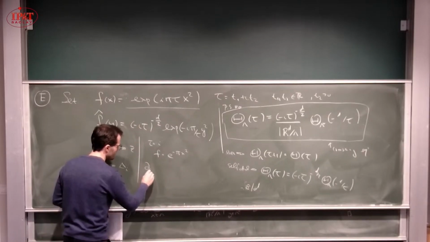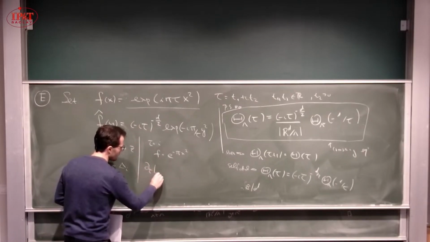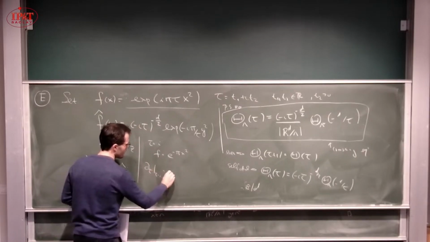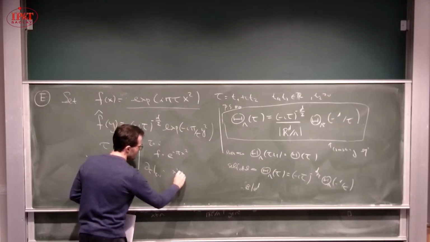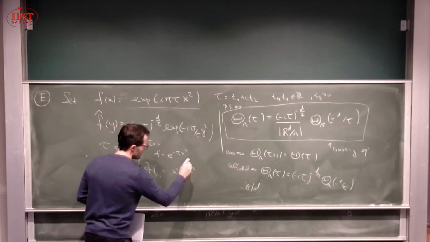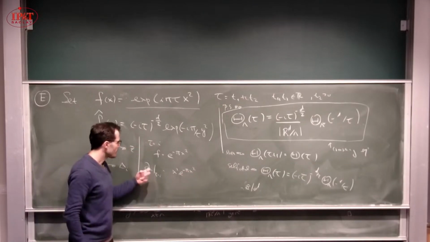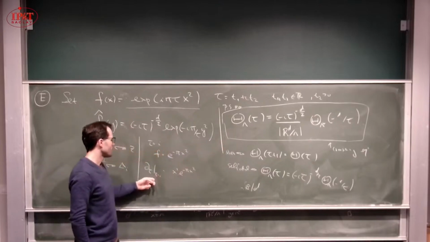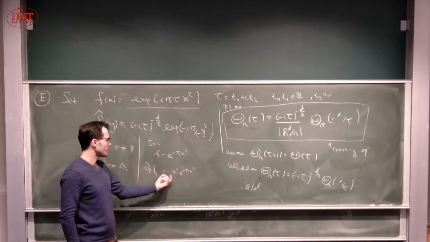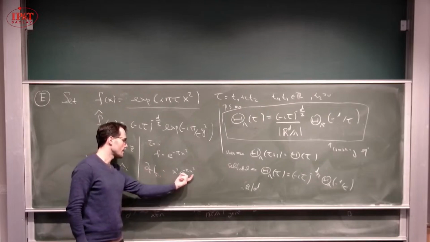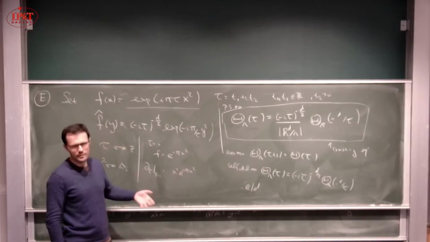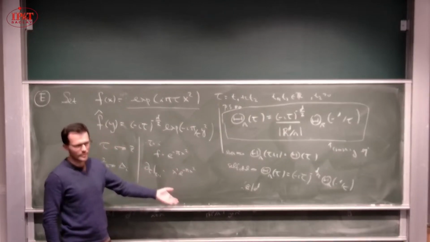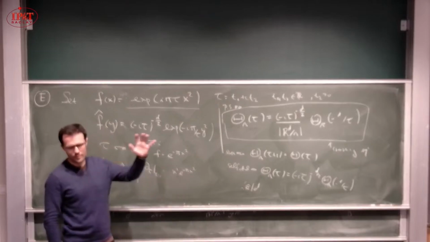You take a derivative of the equation with respect to tau at tau equal i, you get something like x squared e to the minus pi x squared and so on, right? So by taking derivatives of this equation at tau equals i of any order, you can generate kind of any polynomial in x squared times e to the minus pi x squared, and this is clearly a basis for the space of radial functions, which depend only on x squared.